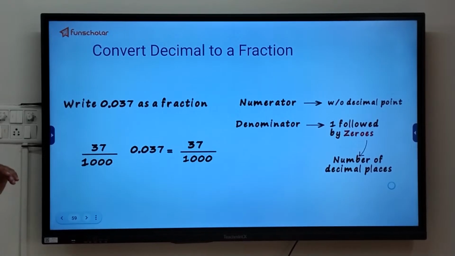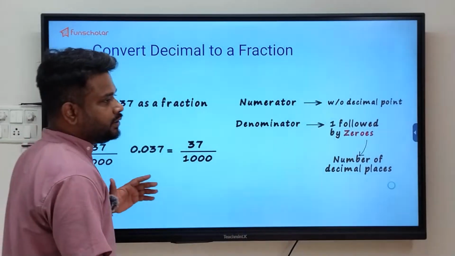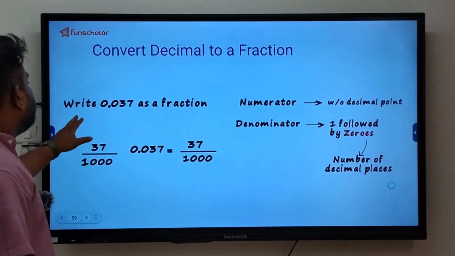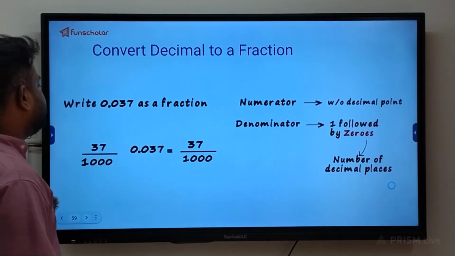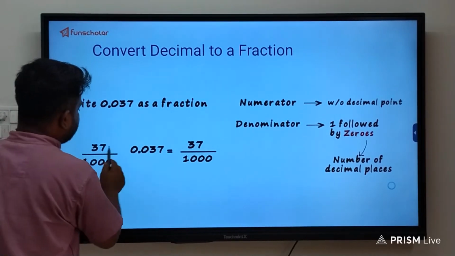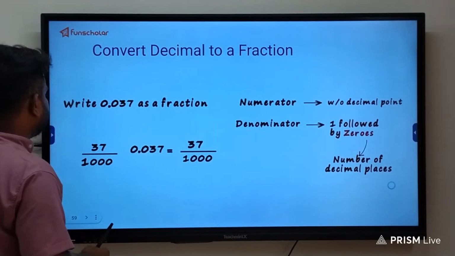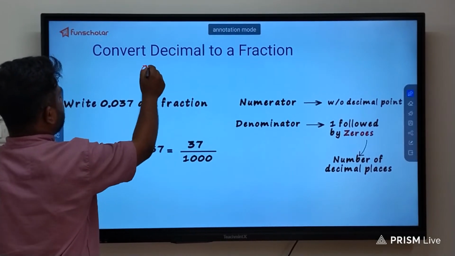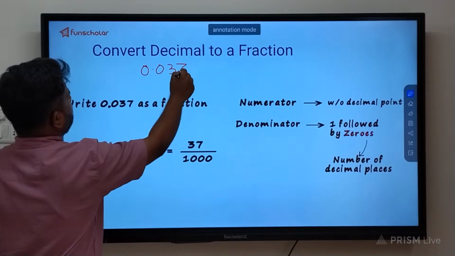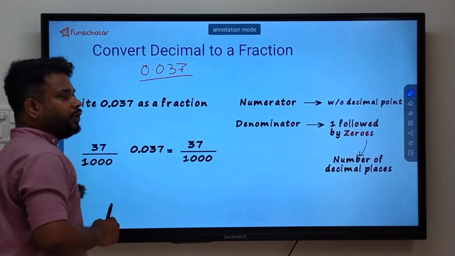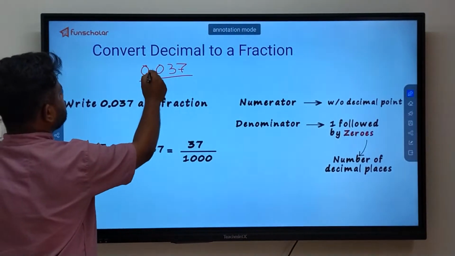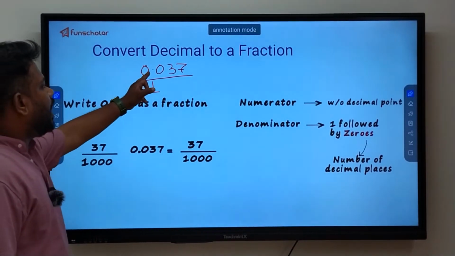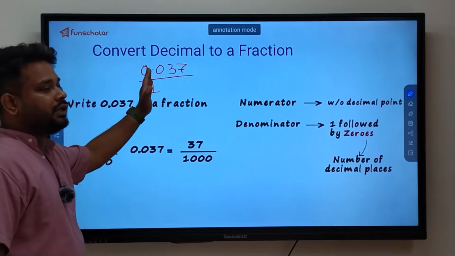So here we will convert a decimal into a fraction, which I talked about earlier. Write 0.037 as a fraction. What we have to do is first write down this number. Then for the point, put 1, and how many numbers are there after the point?